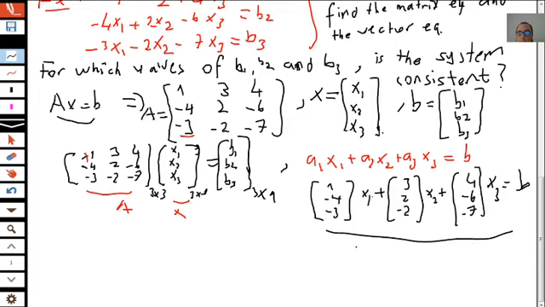So this is the vector equation of the system, and this is the matrix equation.